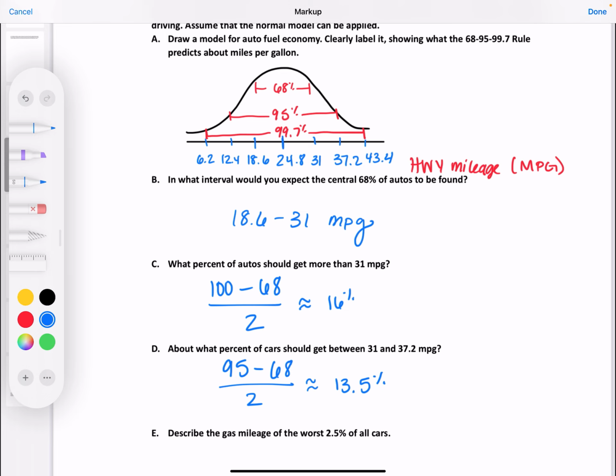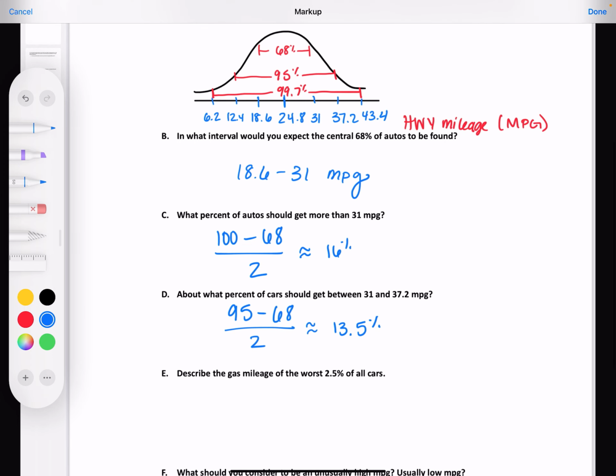So describe the gas mileage of the worst 2.5% of all cars. Is it 6.2, or is it less than that? Actually, more than that. So think about when it's talking about 2.5, that's half of your tail. If you multiply 2.5 by 2, what do you get? 5%. So how many standard deviations away are we looking at?